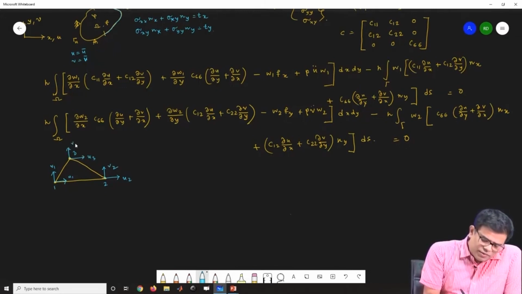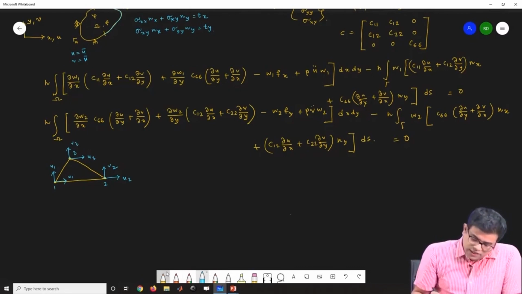Similarly, if you discretize with a rectangular element, you will have 4 such values.